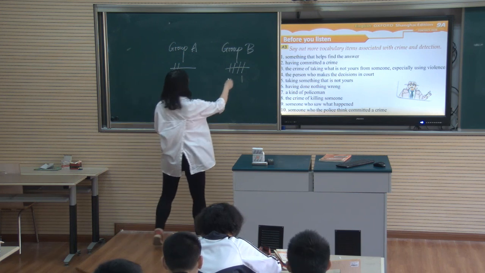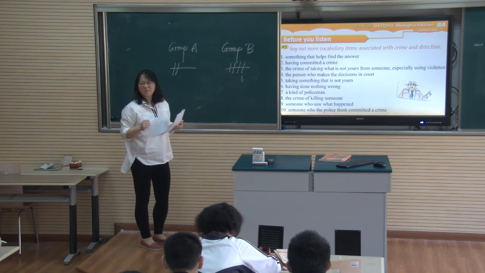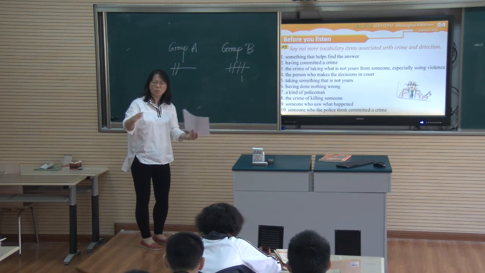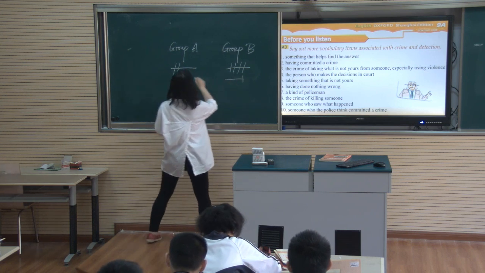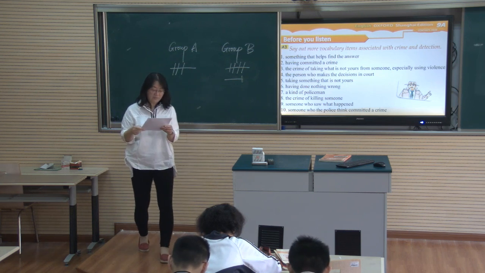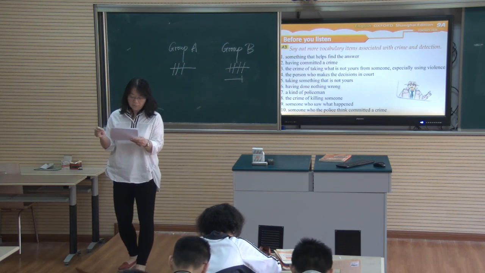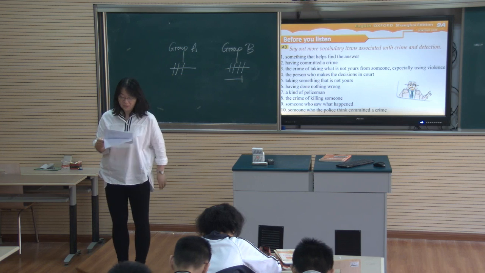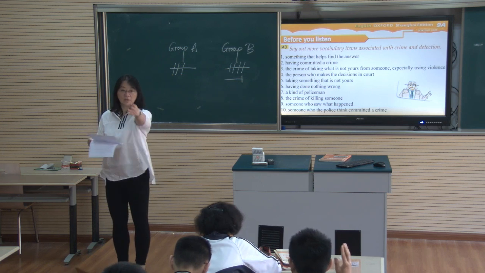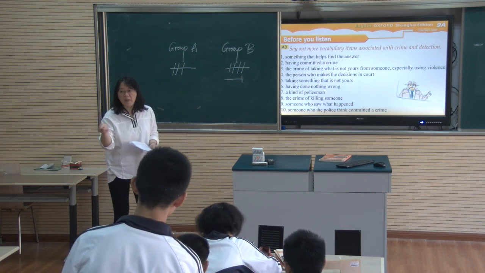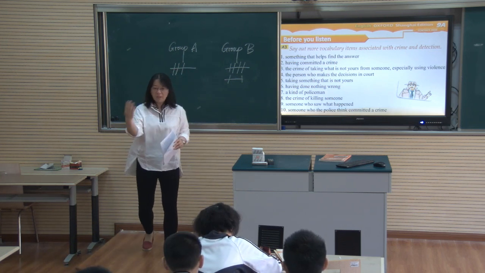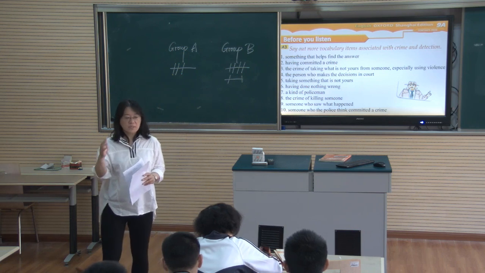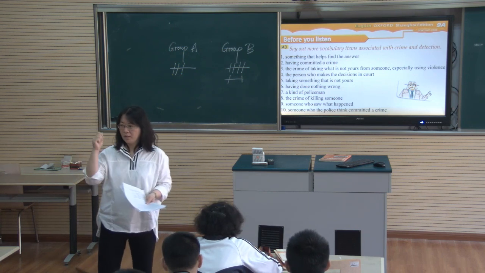Okay. Please raise your hand. Okay. Then I can decide which group wins. Now, number 10. Someone who the police think committed a crime. No, 李俊豪. Suspect. Okay, suspect. Okay, so at the first round, 在第一轮, Group B is the winner.